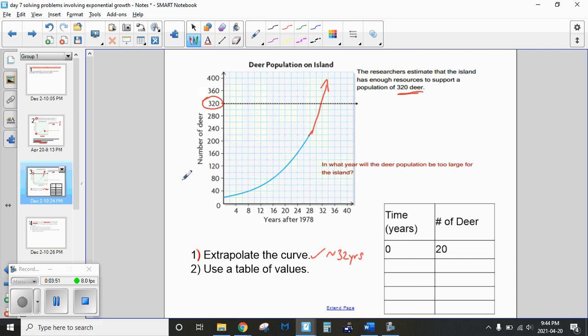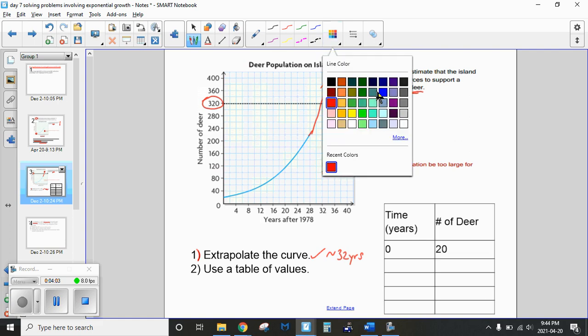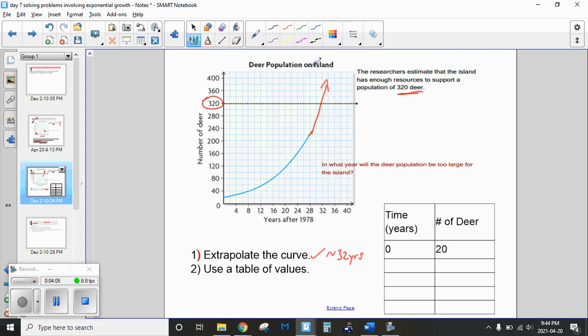That's not very accurate, so we can also use the table of values to do a little bit better than that. So I started setting one up over in the corner of the slide. And what I'm going to do is pull some of the nice data points. So I'm not going to use every point because some of them I'd be guessing the values, but I do know for sure that 0 years after 1978, or in that year, there were 20 deer.